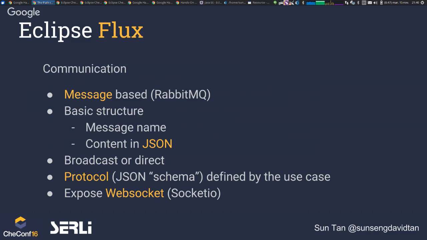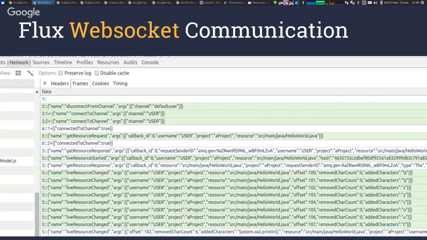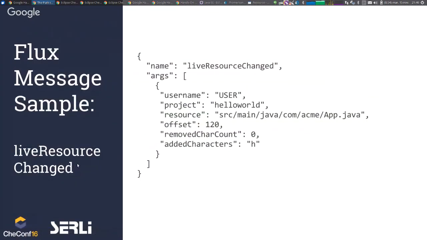If we have a look at one pair programming session, and we open in Chrome the Google DevTools in the network tab, we can see all the messages that have been exchanged. One of the messages exchanged in WebSocket is a live resource change. This message looks like this in JSON. It is a message sent by one of the editors when I type on the keyboard the letter H. You can see that you have added characters H here.